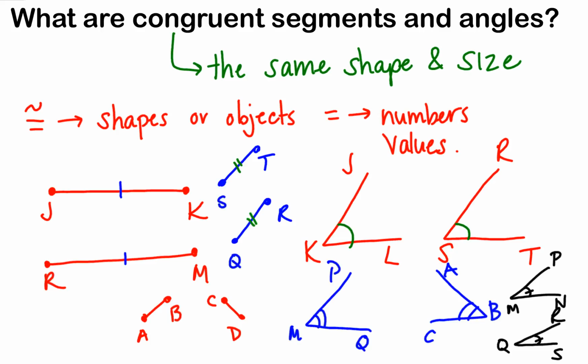I can put a little mark through it, and then I could put 2 maybe, like that. Okay, so that's what congruent segments and angles are. That's what they look like, and they can be in any orientation.